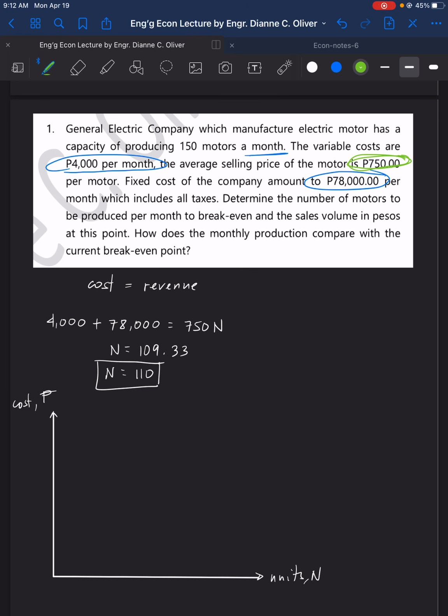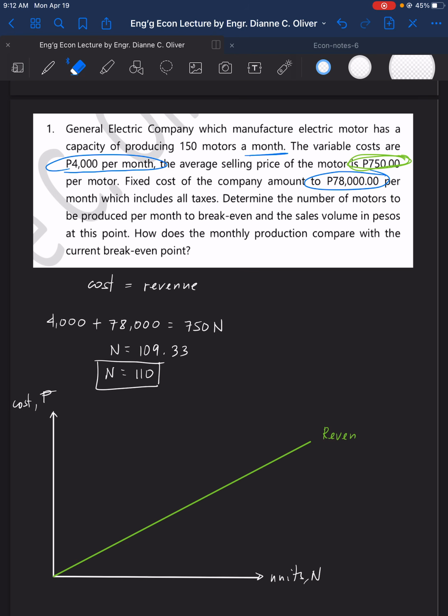It means that if we plot it in the graph, the number of units compared with the amount will grow upward. So the more units you produce, the more money. Then we have, so this represents the revenue.